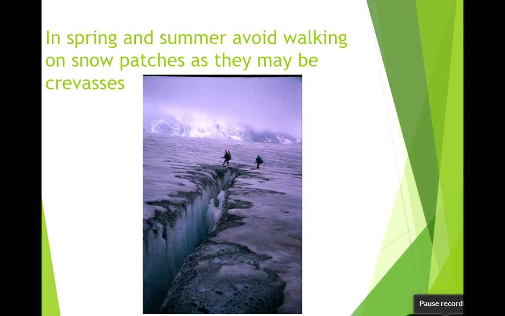If you've got the mixed conditions and you can find paths where you're on bare ice, you want to take those paths and avoid those snow patches because they could potentially be concealing crevassing, a moulin, something like that. And so we want to keep that in mind.